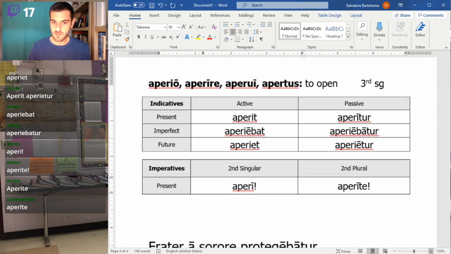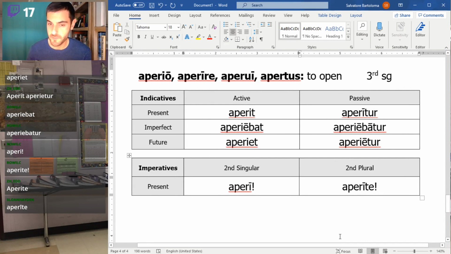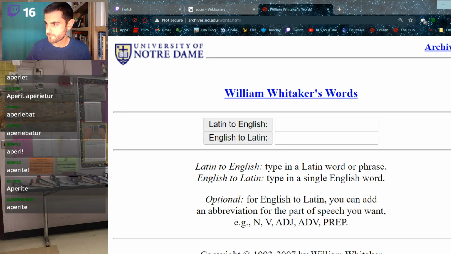And as always, this is 100% practicable. You can do as many of these as you want. If you're looking for some way to test yourself or to correct yourself, because the magistral situation is not perfect, but if you're familiar with Whitaker's Words, let me change my window.